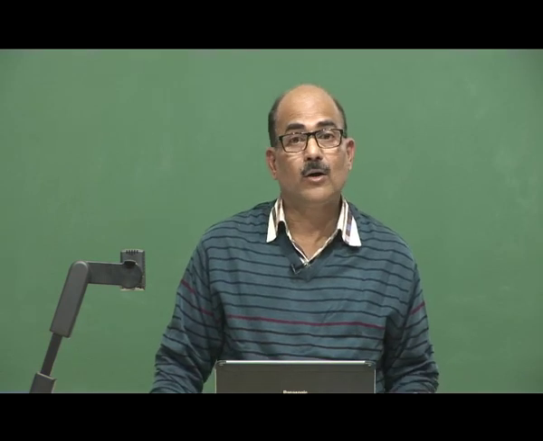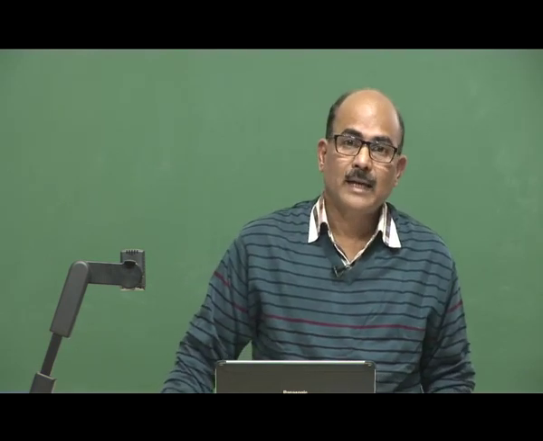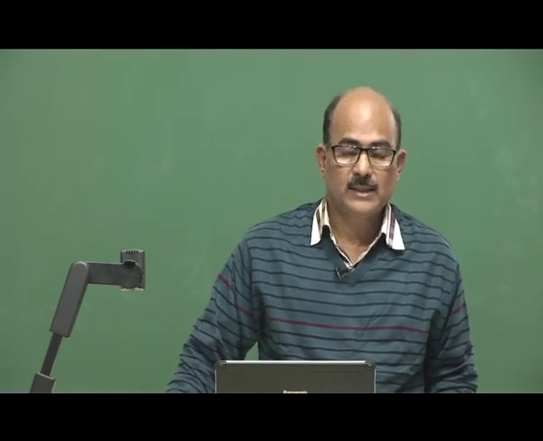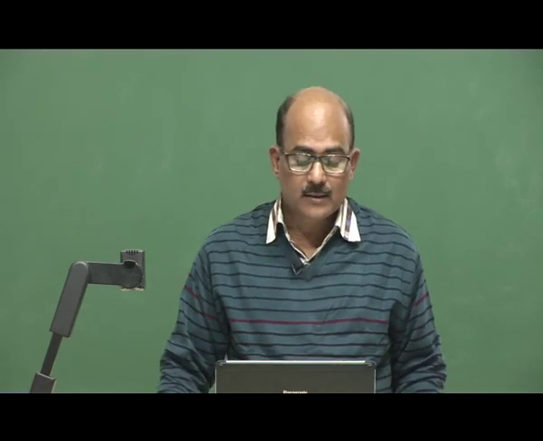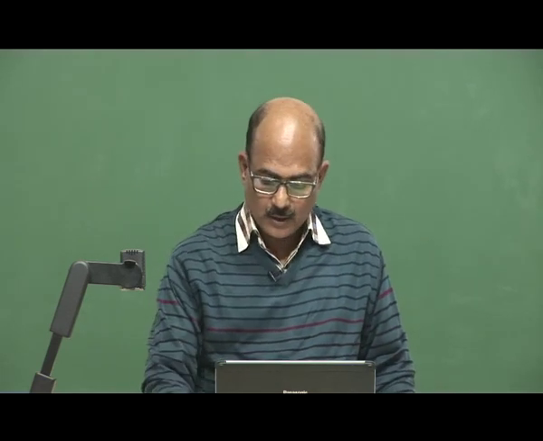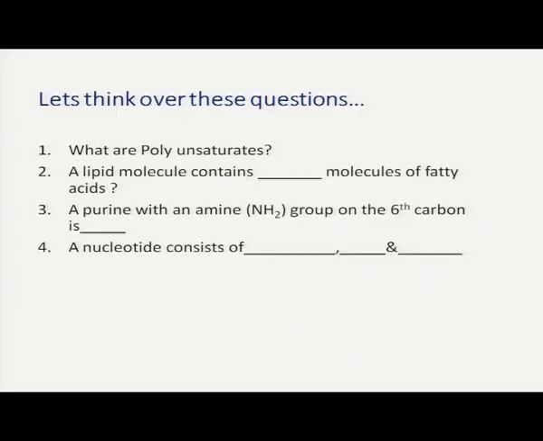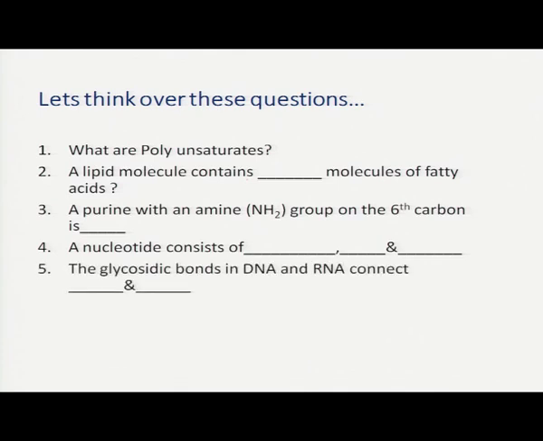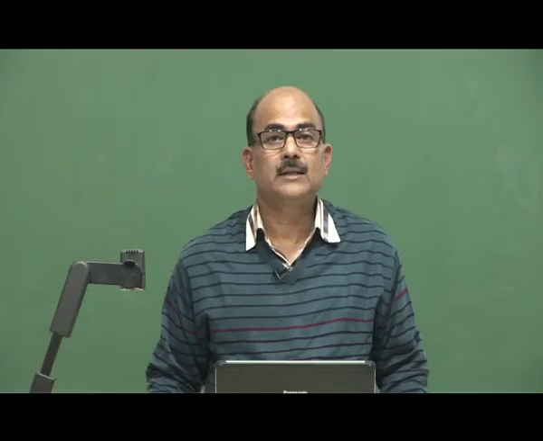By knowing the chemical names of these purines, which I have already discussed, you may write this answer easily. Now, my fourth question is, a nucleotide consists of dash, dash and dash. Now, my last question, the glycosidic bond in DNA and RNA connects dash and dash.